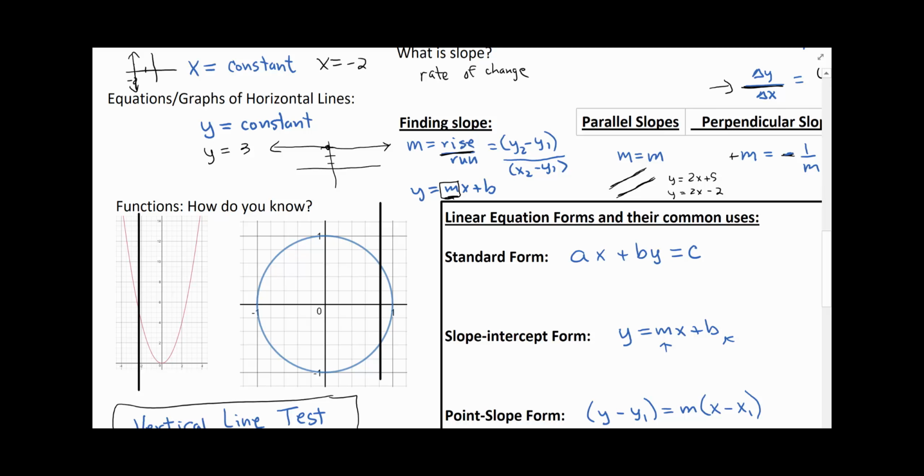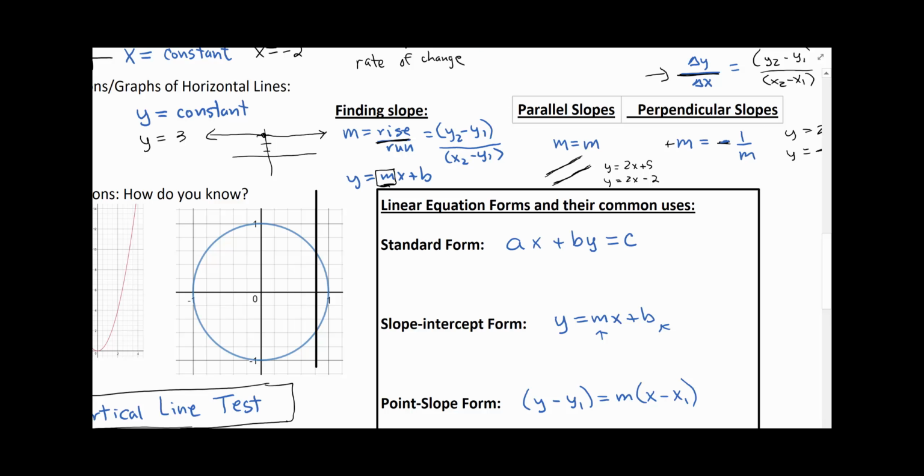It's called the vertical line test. If you take a vertical line and as you go through the function, if it only touches the graph at one location, it passes the vertical line test, then it is a function. Notice if we were to take this vertical line everywhere through this function, it would pass.